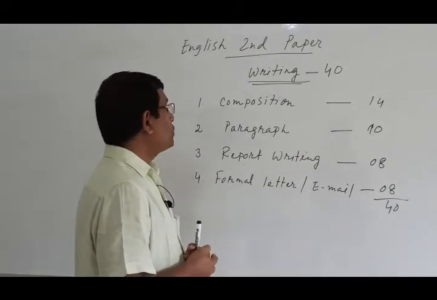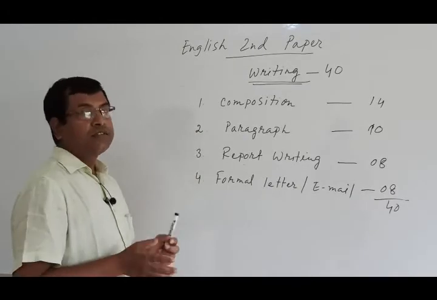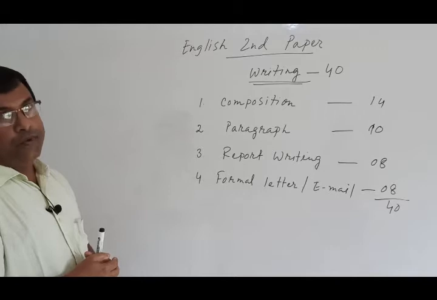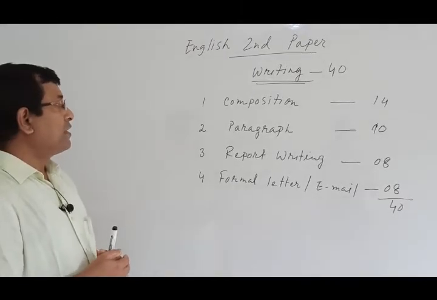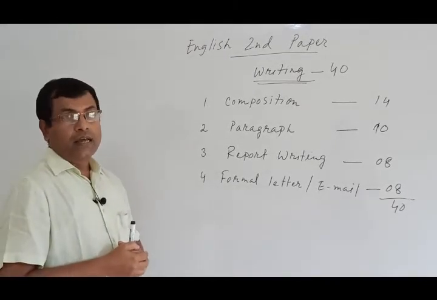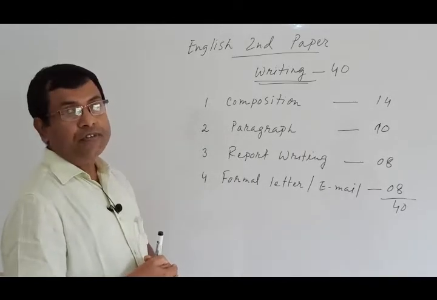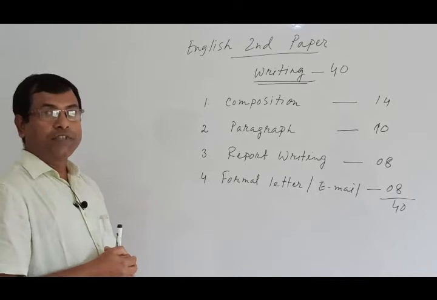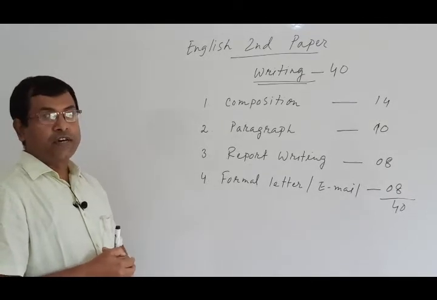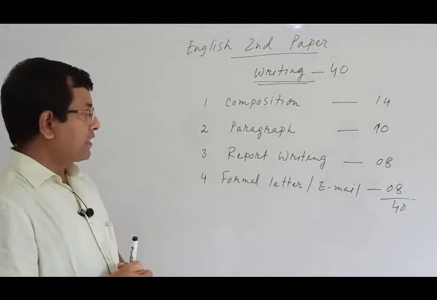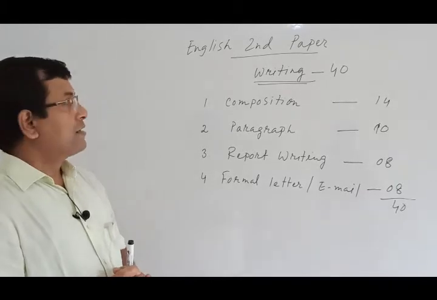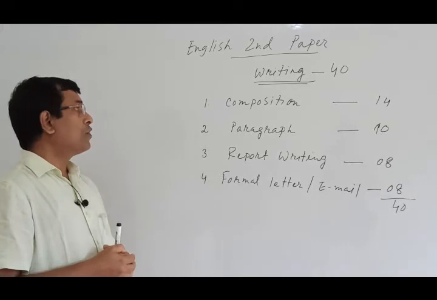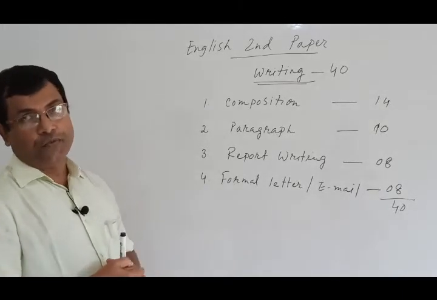To know the differences among all these writing items, we should know the subskills of writing. So my dear students, in this class I am going to discuss different subskills of writing, because a clear conception of these subskills will help us to make our writing effective, to make our writing standard. So, my dear students, let's start our discussion on different subskills of writing.